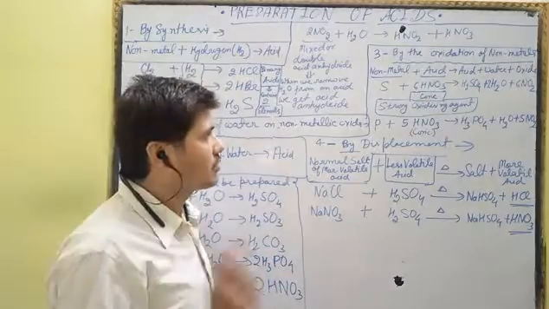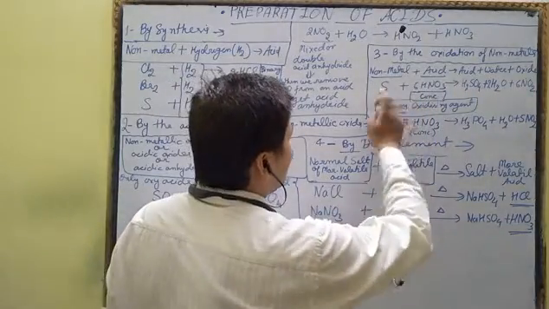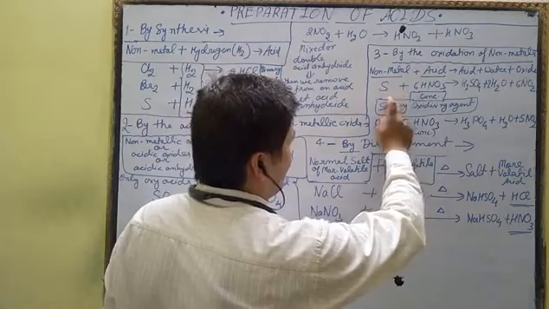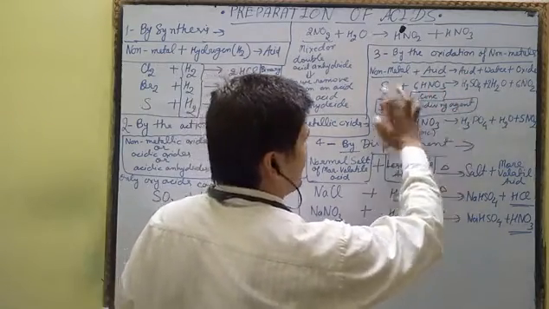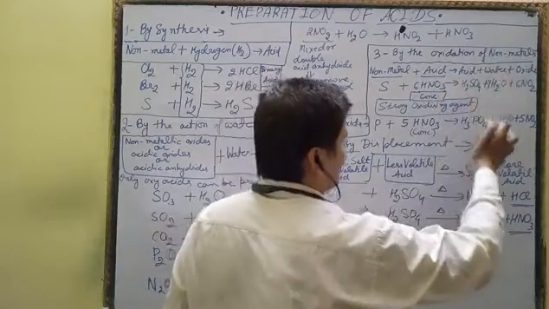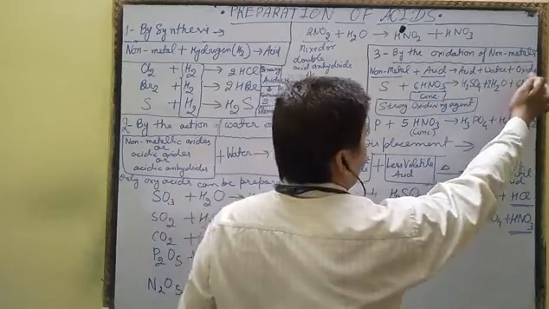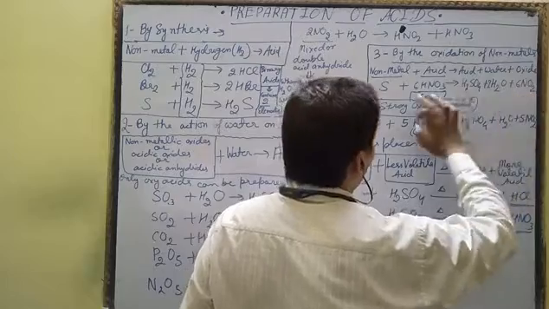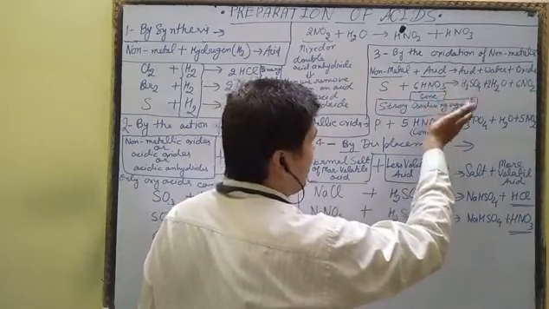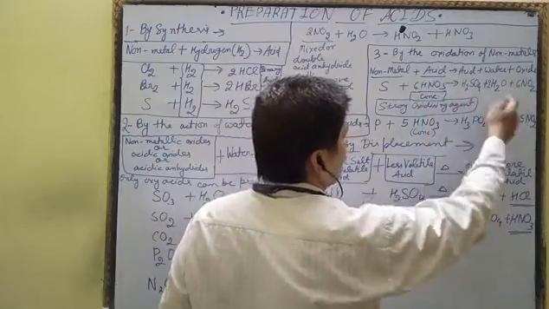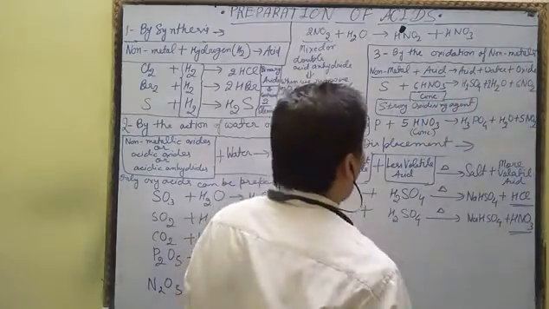Sulfur, as the non-metal, is oxidized by HNO3 to form H2SO4, and water is common in both reactions along with the oxide. We use nitric acid as the oxidizing agent, forming nitrogen dioxide.